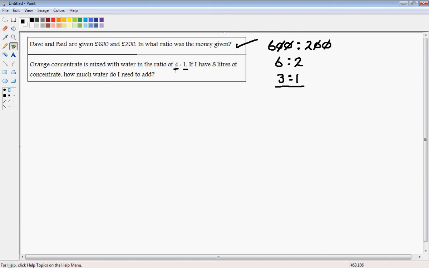So remember that this is shares. So for every 4 shares of orange concentrate, we mix 1 share of water. Now if I have 8 litres of concentrate, okay, that is the 4 shares.